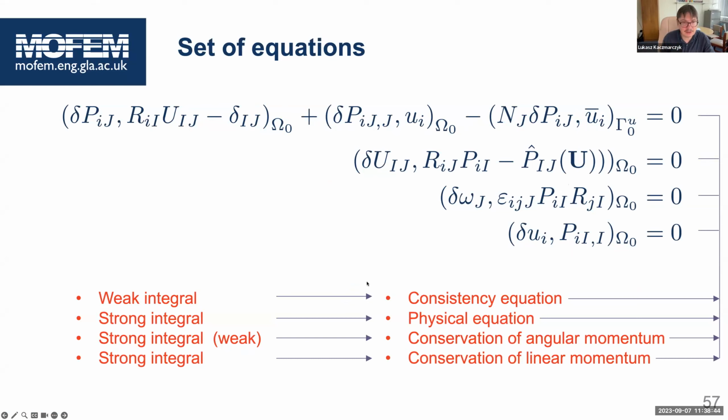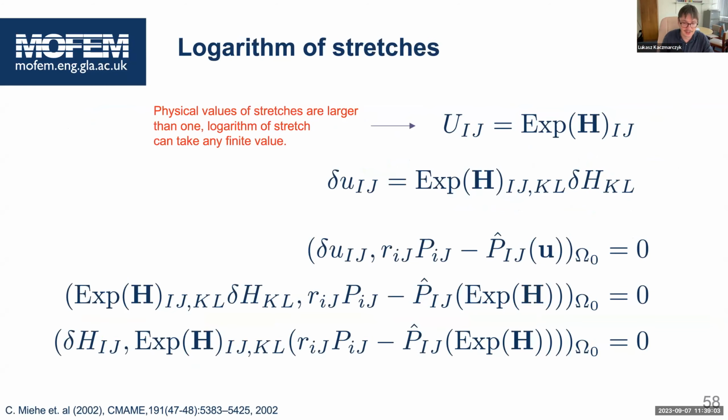In order for that to work, we have to have approximation of the rotation R and the stretch, which compose F. But because we approximate the stretch, like approximating plastic strains, we can choose what we approximate. For example, instead of approximating the stretch directly, we can approximate the logarithm of the stretch.